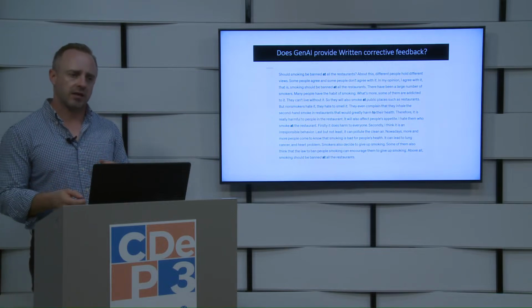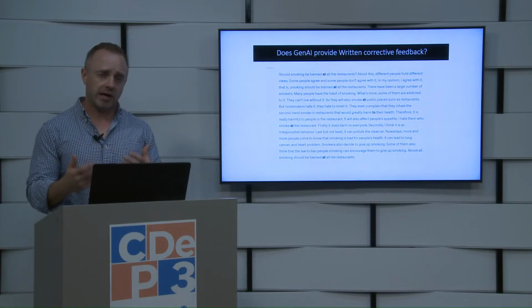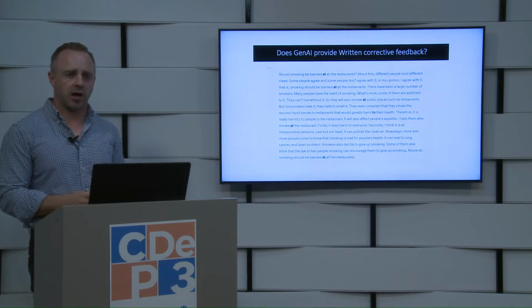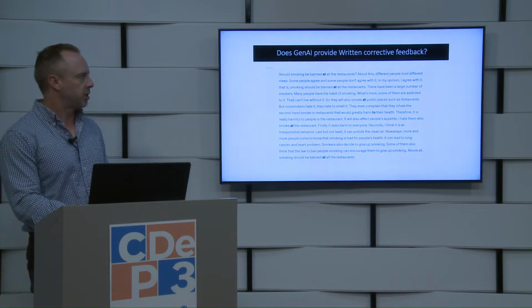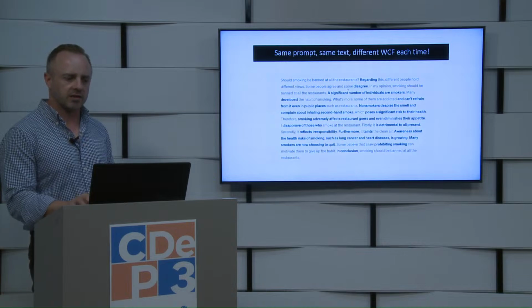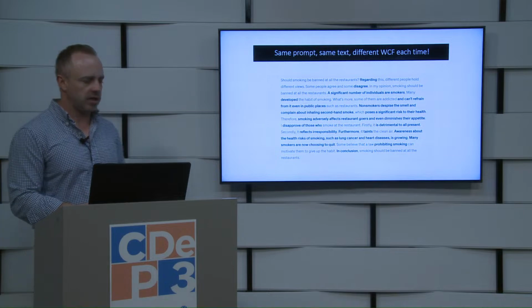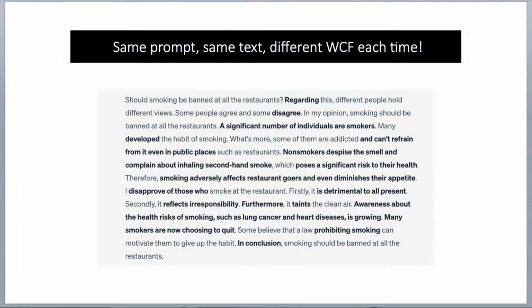But we noticed that ChatGPT's response to the feedback was quite different almost every single time you asked. So sometimes ChatGPT would correct only some of the errors, in this case errors of prepositions. But using the same text and the same prompt, in the next chat window, ChatGPT then began to correct many other things.